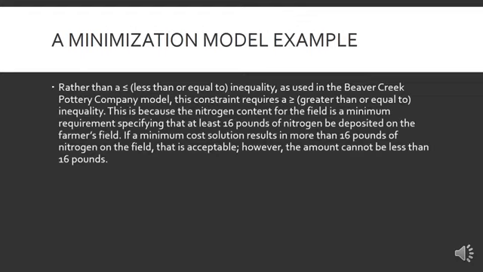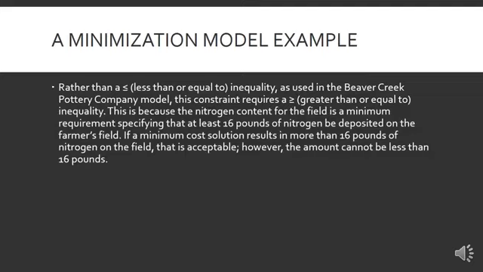So, imbis na less than or equal to inequality ang ginagamit natin, kagaya nung example natin sa Beaver Creek, this constraint requires a greater than or equal to inequality. Bakit? This is because the nitrogen content for the field is a minimum requirement. Ibig sabihin, yung 16 pounds doon, minimum yun.